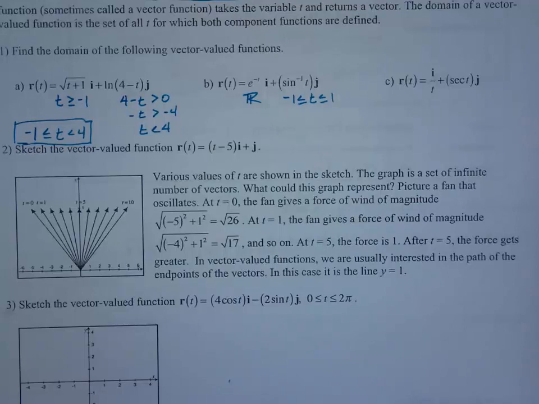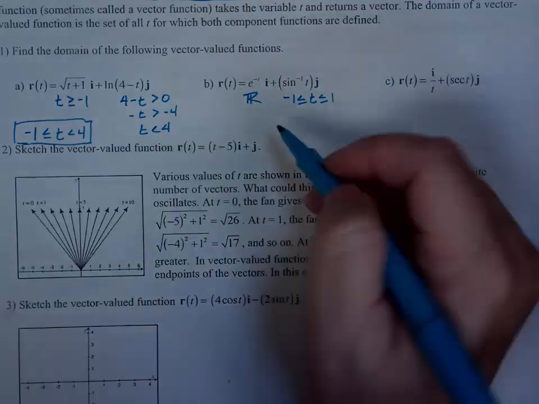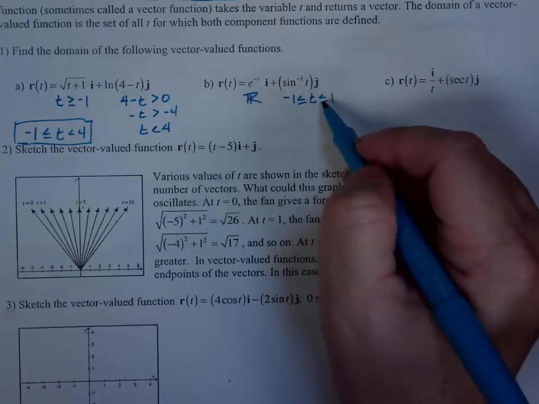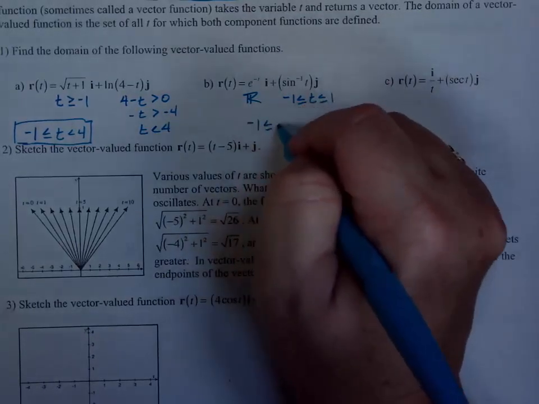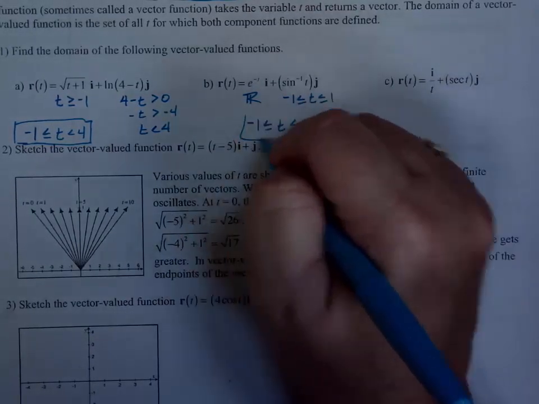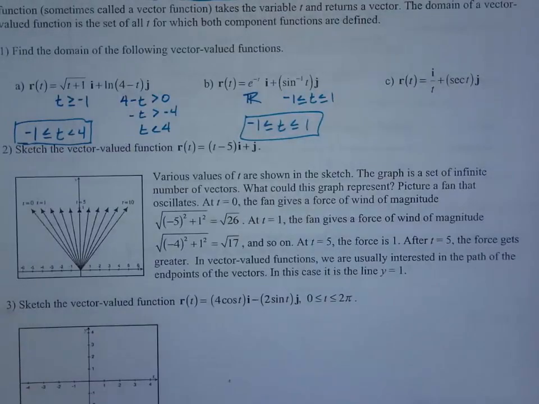So the domain of sine inverse is the range of sine, and the range of sine is -1 to 1. So these two have in common, where do they overlap? Right here. So my answer is -1 is less than or equal to t is less than or equal to 1. Are we good with that? All right. Any questions? So far, so good.